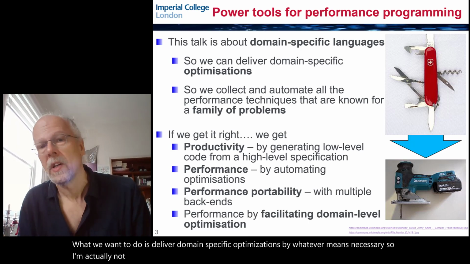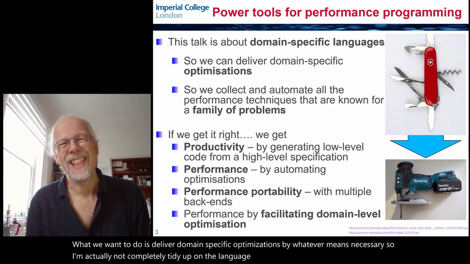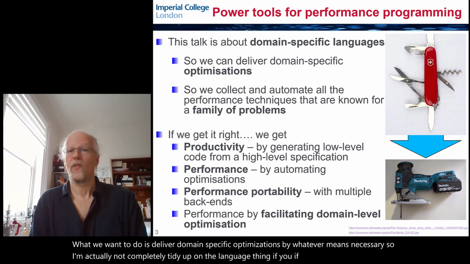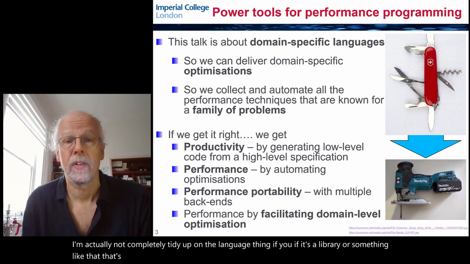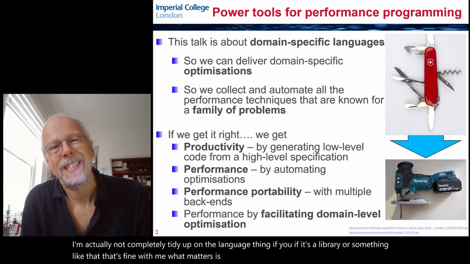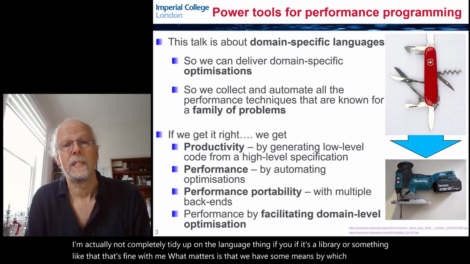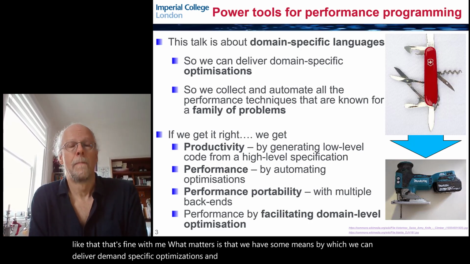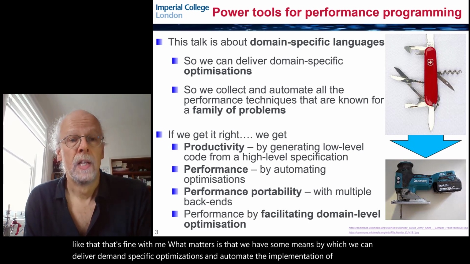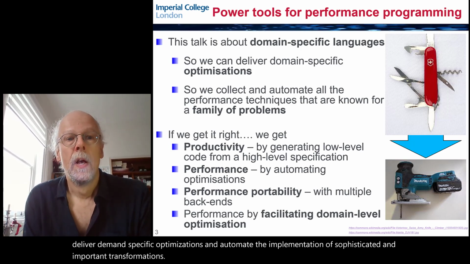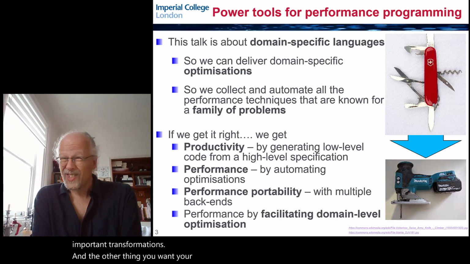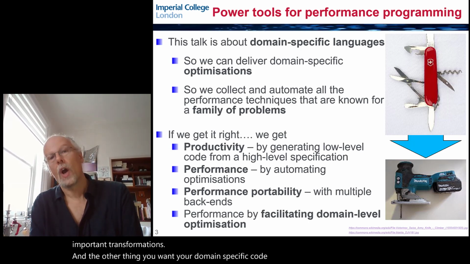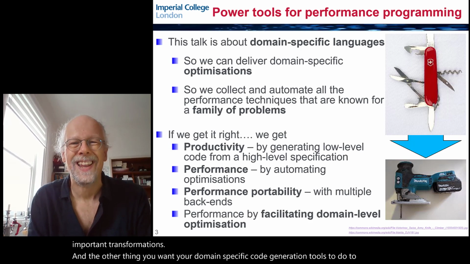So I'm actually not completely tied up on the language thing. If it's a library or something like that, that's fine with me. What matters is that we have some means by which we can deliver domain-specific optimizations and automate the implementation of sophisticated and important transformations.